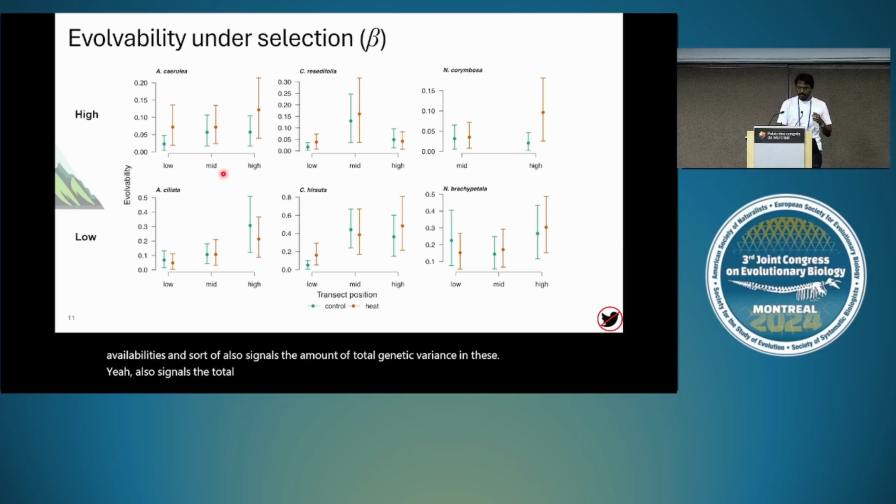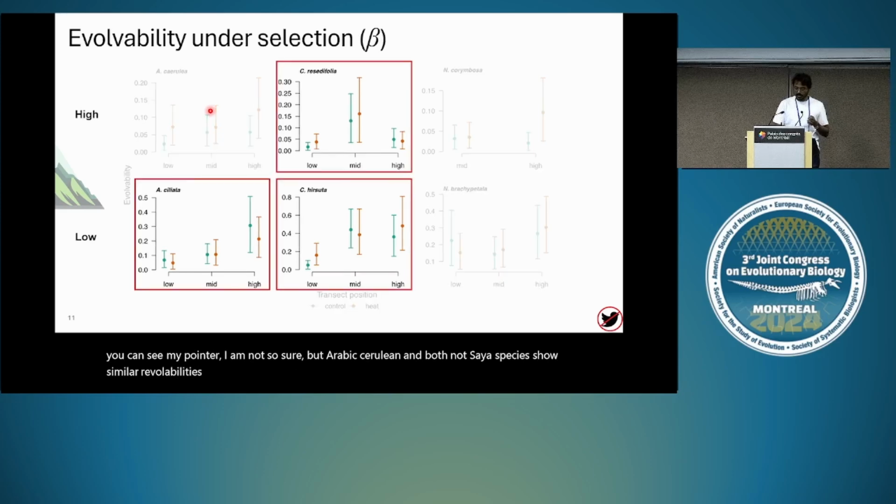What we see here is that Arabis caerulea and both Noccaea species show similar evolvabilities along elevation gradients, but for the highlighted species, we systematically see that the lower elevation populations have reduced evolvabilities and also reduced genetic variances.